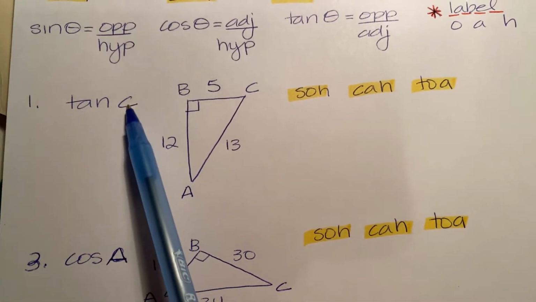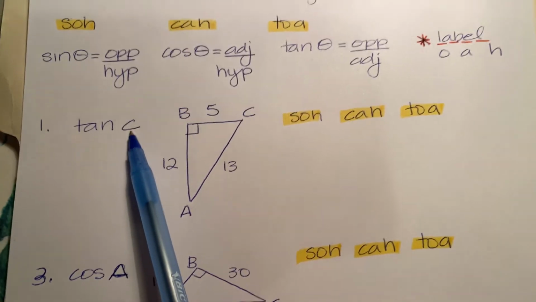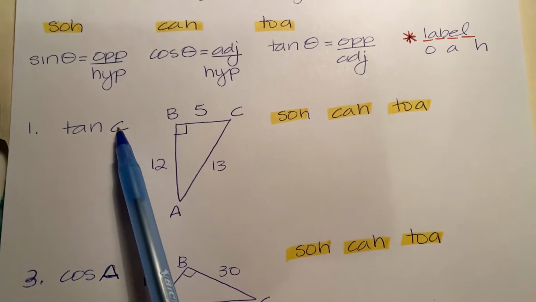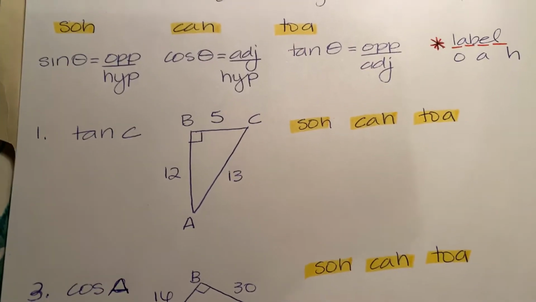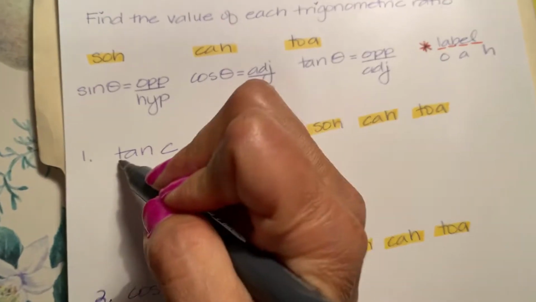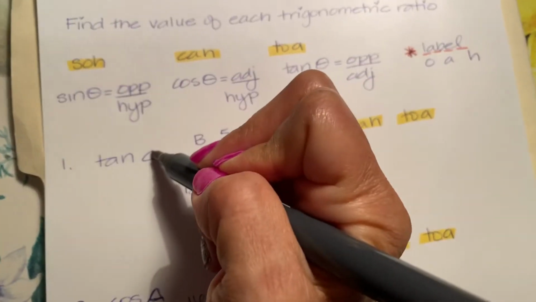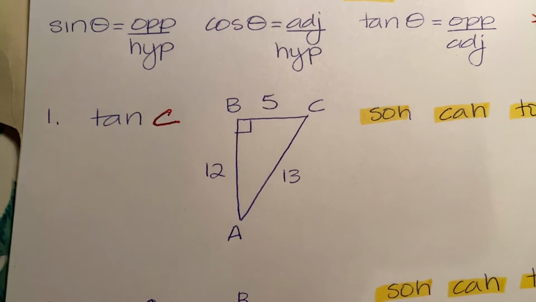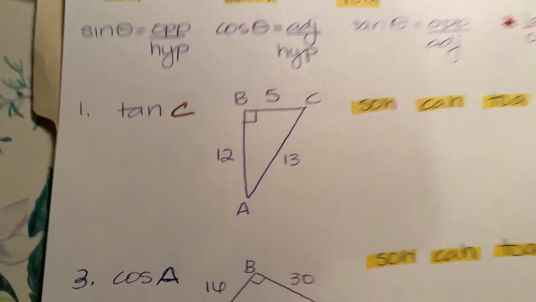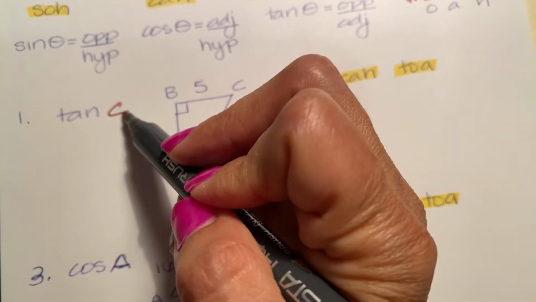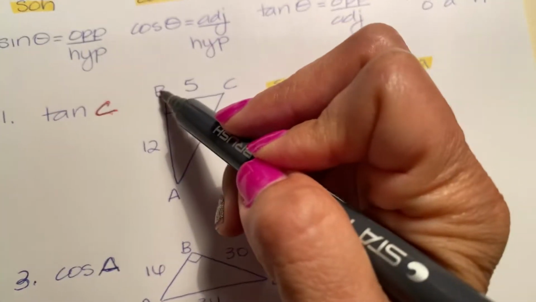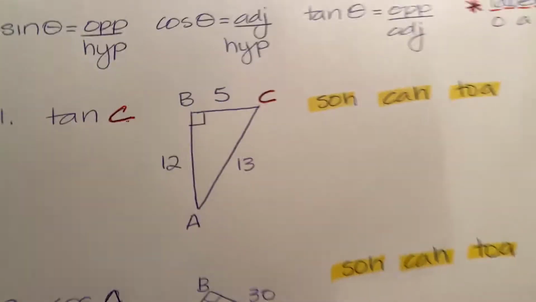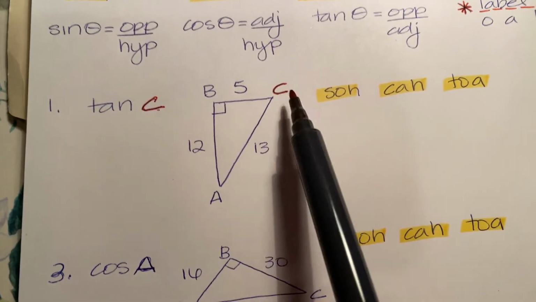When they give you an angle, that is what they're telling you to focus on. If you see a trig function and then the angle C, that's what they want you to focus on. There's angle A, angle B, and here is angle C, so match it.